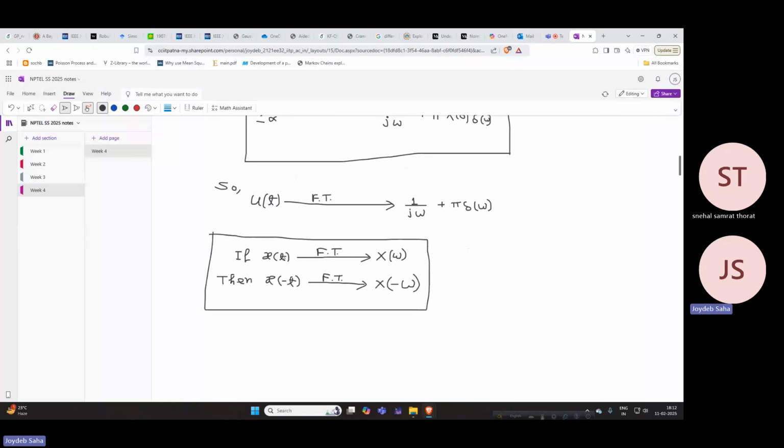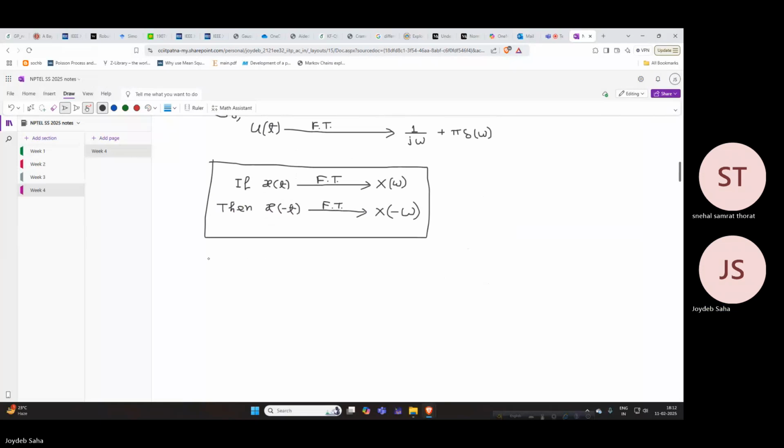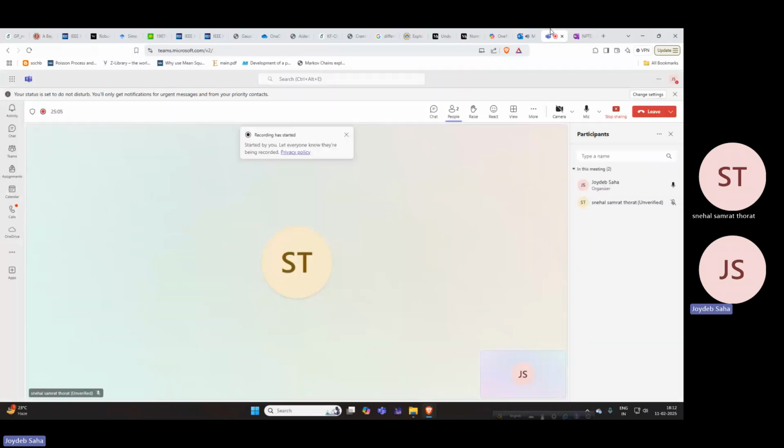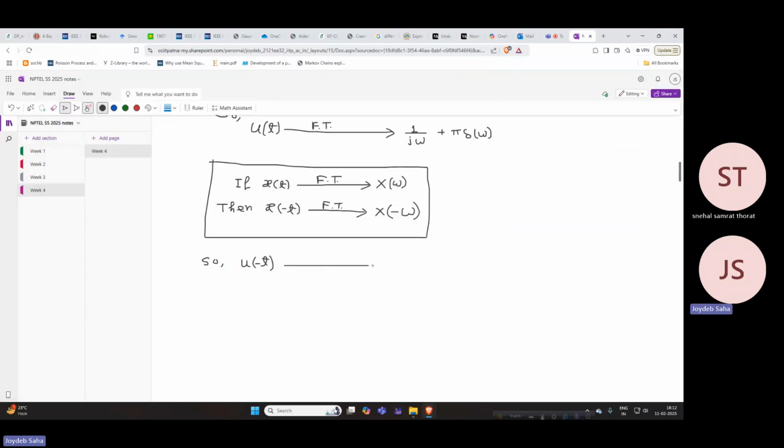So we will simply use it. So we get u of minus t, its Fourier transform will be minus 1 upon j omega plus pi delta minus omega.